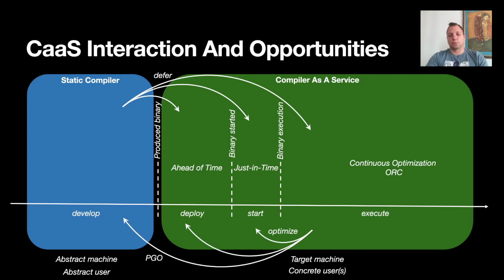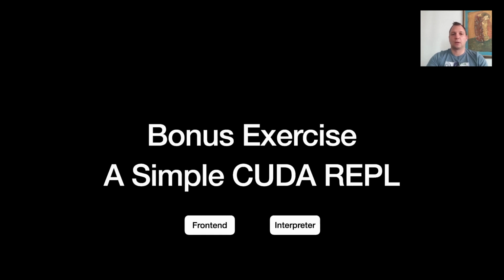And vice versa, we could use information that came from execution profiles to optimize smartly. Profile guided optimization goes a little bit in that direction, but it's not well connected with the JIT just yet.